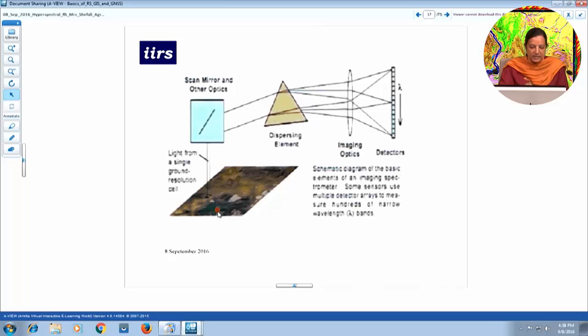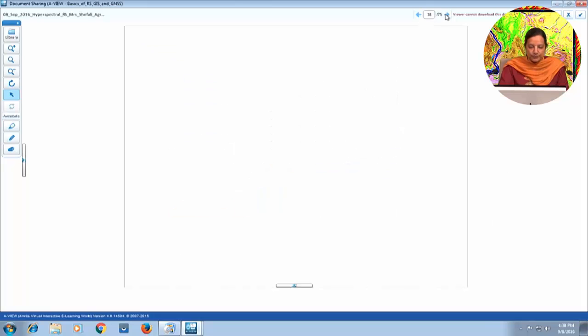So this is how it works. Energy from the ground gets scanned, falls on a dispersing element which disperses the light into its different wavelengths. There are detectors corresponding to each wavelength. They measure the radiation and the image is composed.